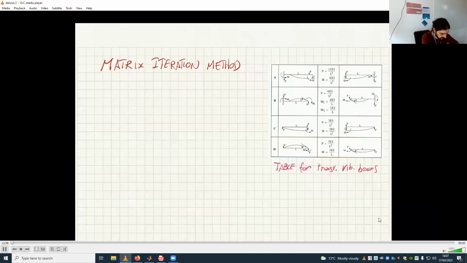So let me draw the system first. This is a fixed support at the top. Now we have something here with a certain rotational mass. Then we have another one and another rotational mass.